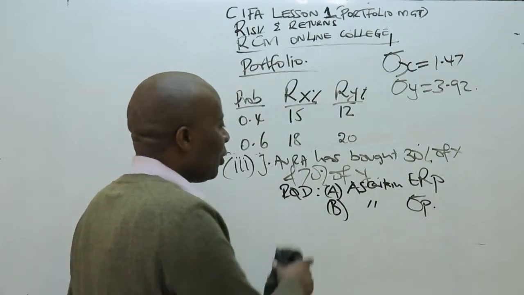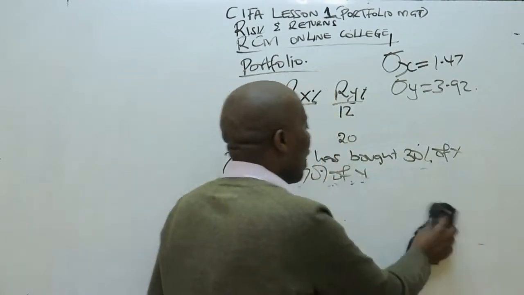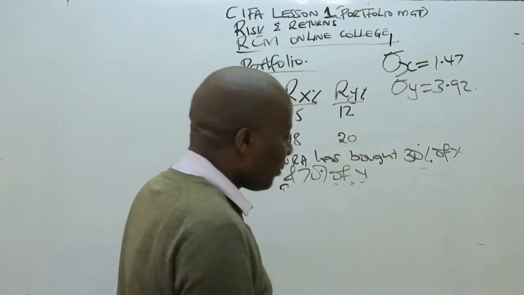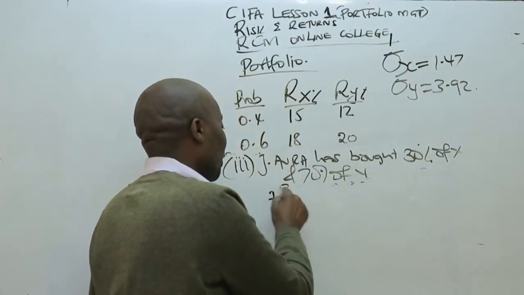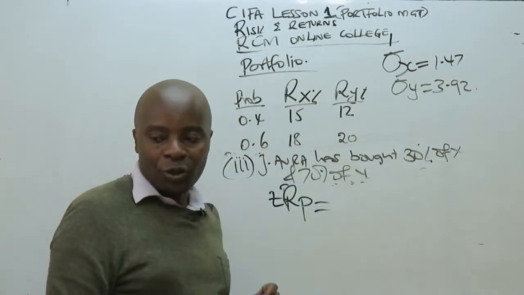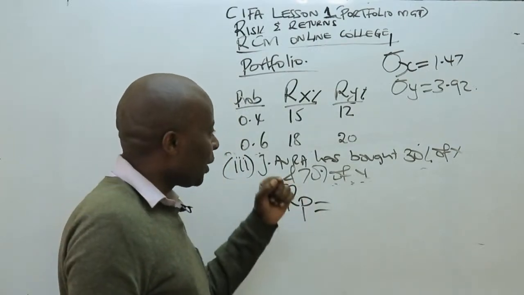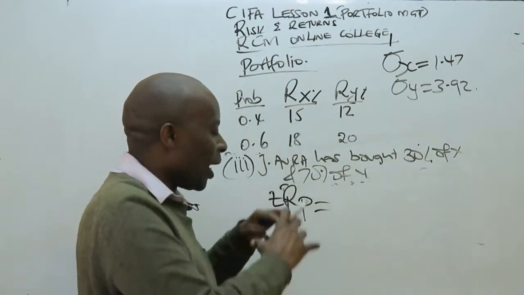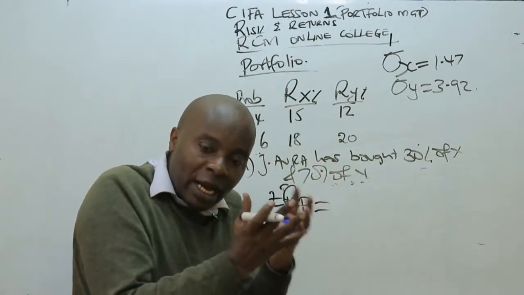Ladies and gentlemen, for us to handle these, we need to write the formula for getting the expected return of a portfolio. To get the expected return of our portfolio, I have to use what we call the weighted average concept.